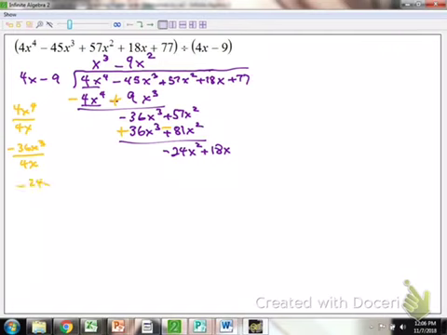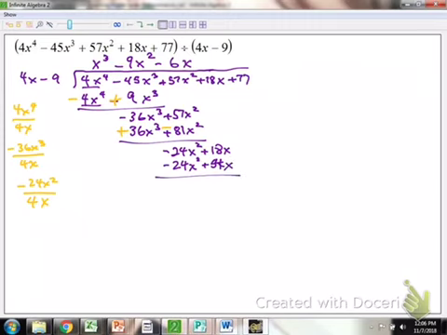Negative 24x squared divided by 4x is negative 6x. Multiply negative 6x times 4x minus 9, and we get negative 24x squared plus 54x.